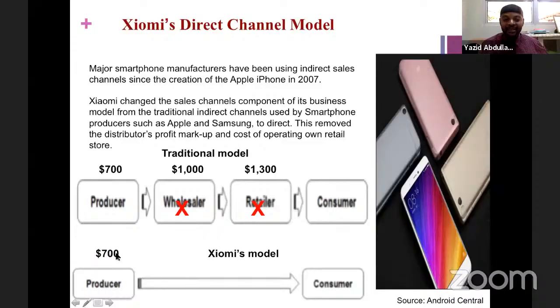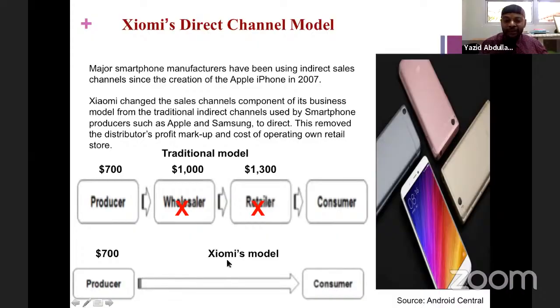So what about Xiaomi? They said, if it's $700, we don't need middlemen to add to the price. We sell it directly to the customer. When they first launched their business, they were only selling their phones strictly online through their own website. You could not go to any wholesaler or retailer and find Xiaomi phones at that time.